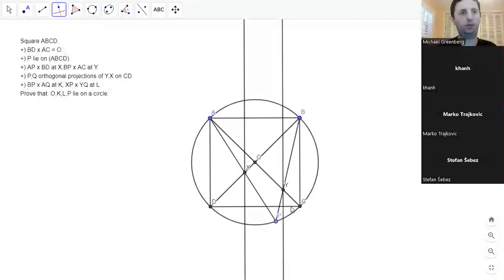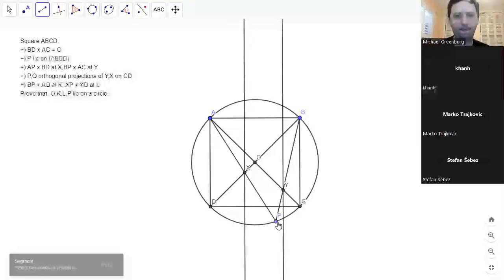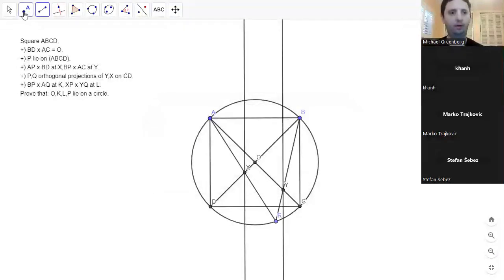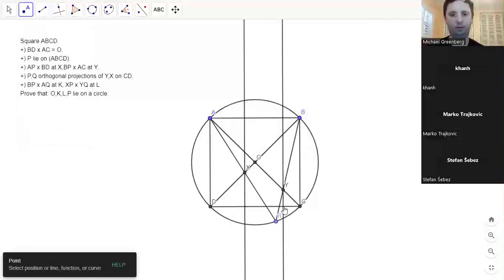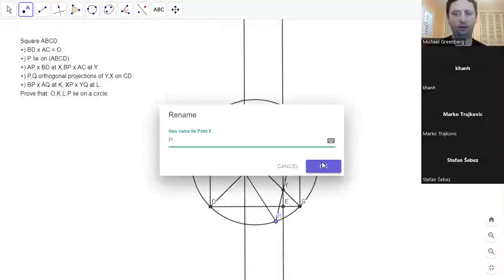That's P and Q. Oh yeah, they use the letter P twice, so that they got confused here, but BP intersects AQ. So let me rename this so I don't get confused. Call it R. So this should really be P and Q right here. So this is P, and this is Q.